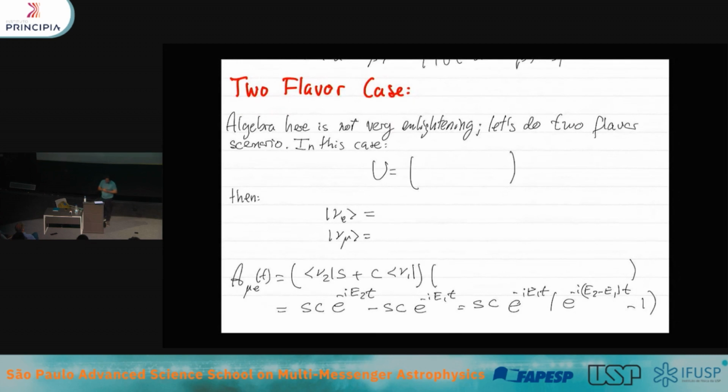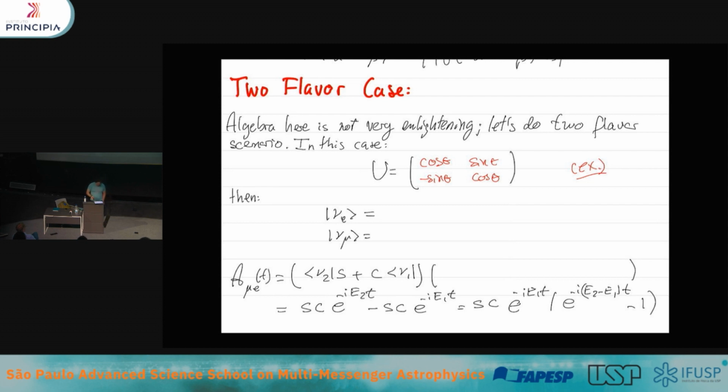In 2 flavors, the mixing matrix can be represented by just cos theta, sin theta, minus sin theta, cos theta. Notice that this is actually a real matrix. In reality, the PMNS matrix that I had before was a complex matrix. You can prove that in 2 flavors, you can always remove the complex phases out of it, so you create a real-only matrix. That should be an exercise that you should think about, like why is this only real. It's actually a neat question.